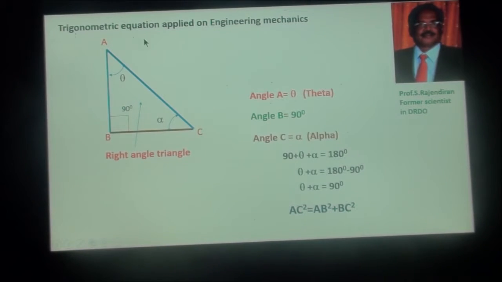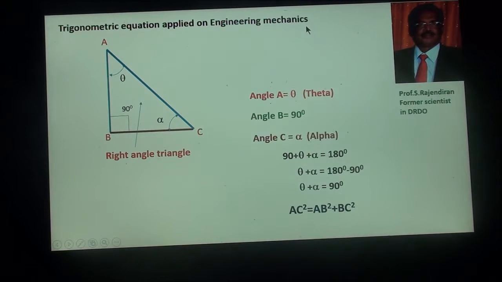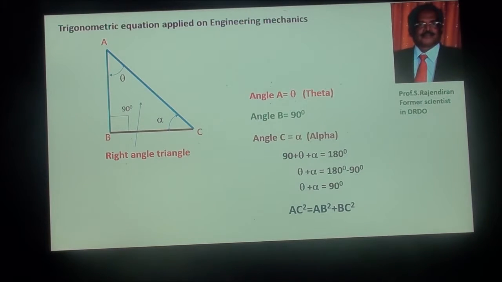Trigonometric equations applied in engineering mechanics are a base and fundamental requirement for any student who is willing to join the engineering stream. Let us look.